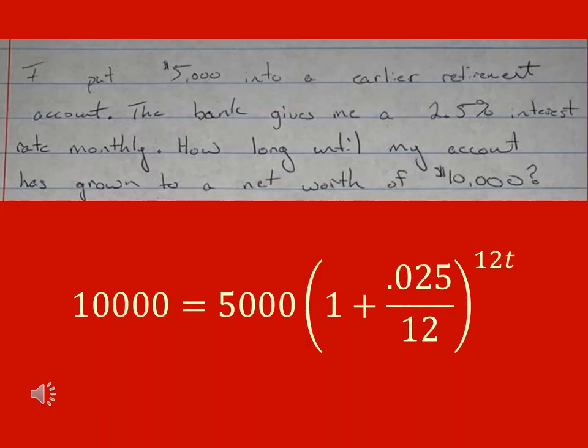Well, the equation again, you start with how much you want to have at the end. That equals how much you have at the beginning, times 1 plus the rate of interest over the number of times compounded per year, and the exponent is the number of times compounded times t. And here that's 10,000 equals 5,000 times 1 plus 0.025, which is 2.5% interest, over 12, to the 12t power.